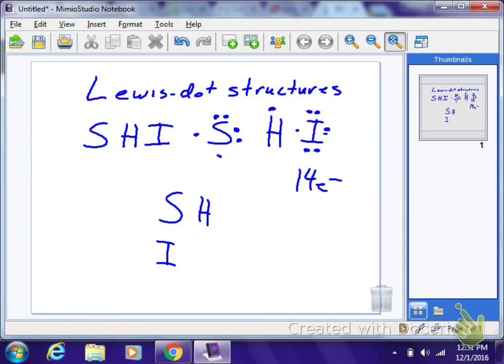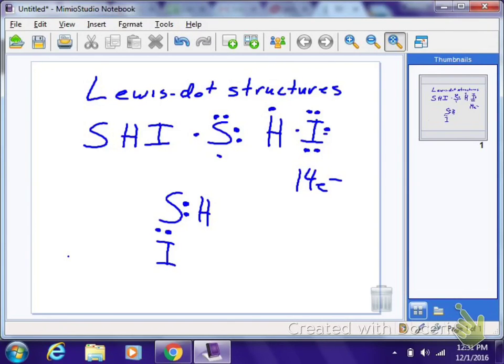So we'll make a connection between the branched atoms and the central atom by drawing a pair of electrons. And what that says is that sulfur is bonded to iodine, and sulfur is also bonded to hydrogen. And iodine and hydrogen are not bonding together. The central atom is a connecting atom that connects everything.